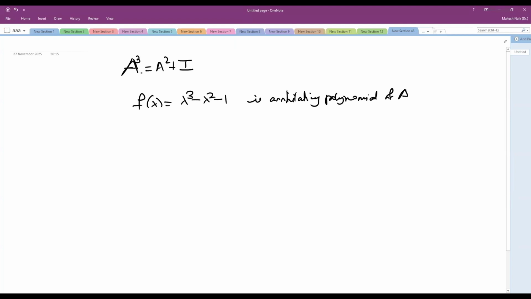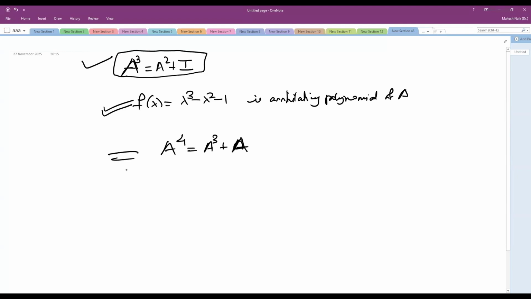Right now, see, A is not known and we have no information about its characteristic polynomial or its minimal polynomial. But we can see that A satisfies this particular type of relation. So this is the annihilating polynomial that we have extracted from this. Will A satisfy this relationship? A already satisfies this.